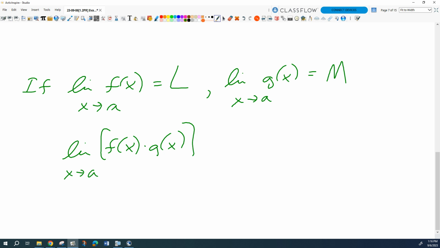L times m. Yeah. So the moral of the story there is, the intermediate step is, we can always break this into a product of separate limits.